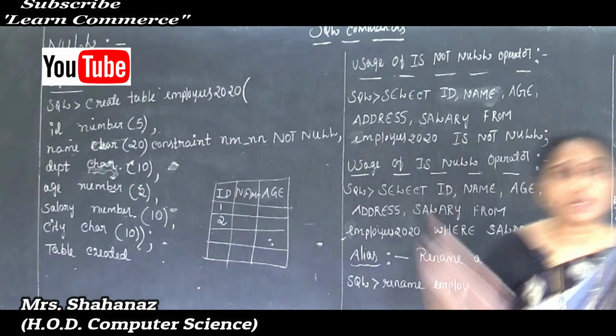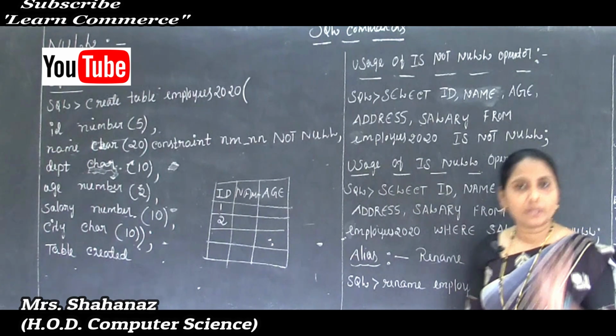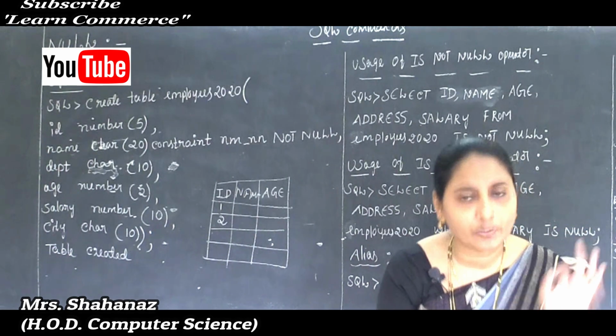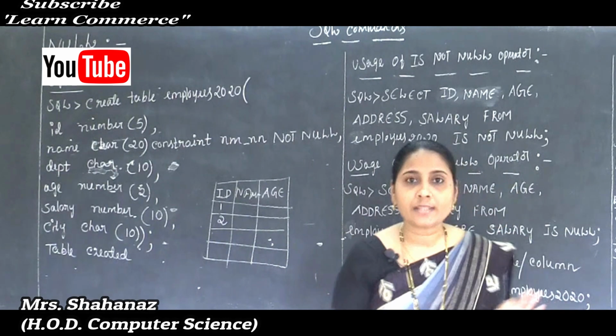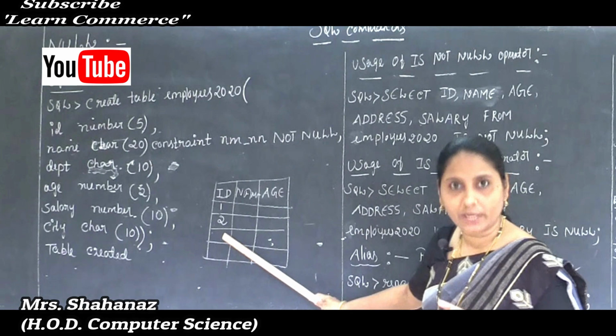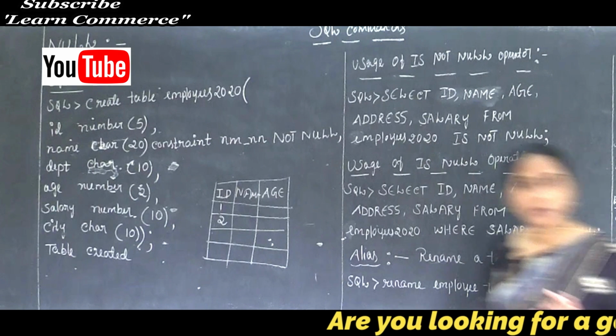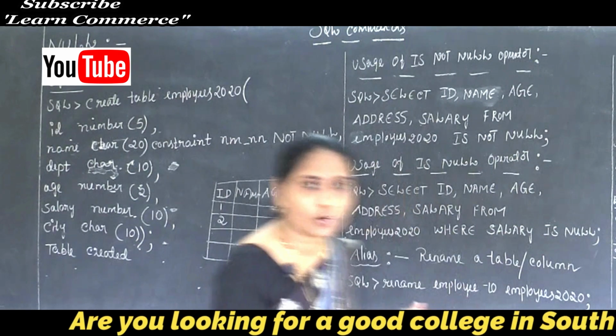So this is an example of a null value. Is this point clear? A field with a null value means it has been left blank during record creation. It is important to understand that a null value is different from a zero value.